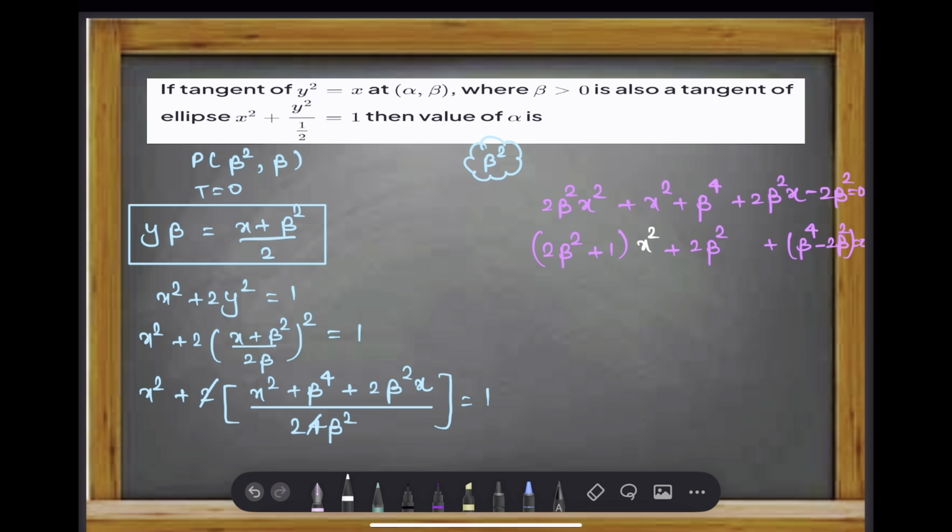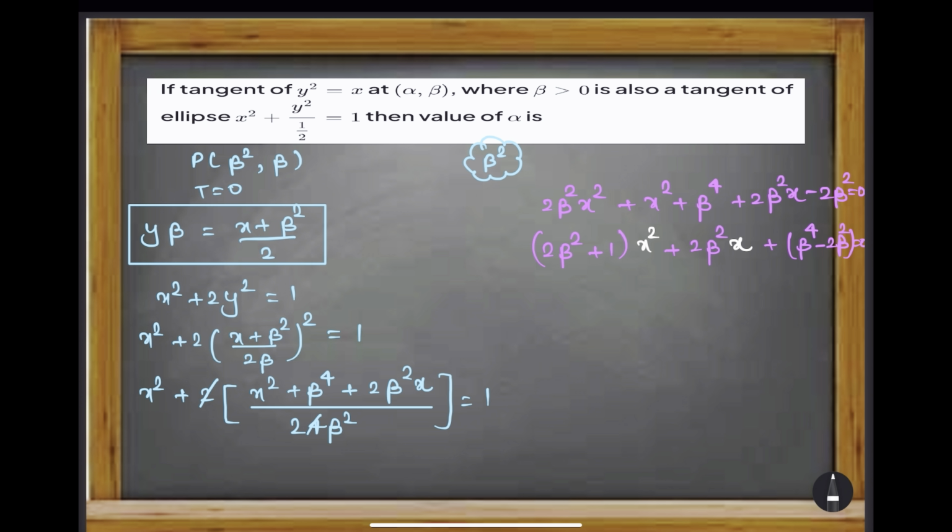So we got things done. Now if this is also tangent to that curve, it means we will have one touch. One touch means D should be 0. So it is b square minus 4a c, with b square being 4 beta power 4, and 4 times (2 beta square plus 1), c beta square common, so it is beta square minus 2, equals 0.